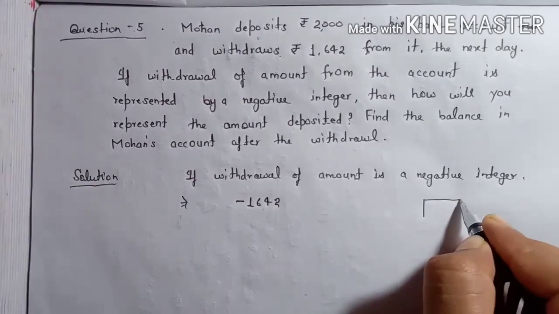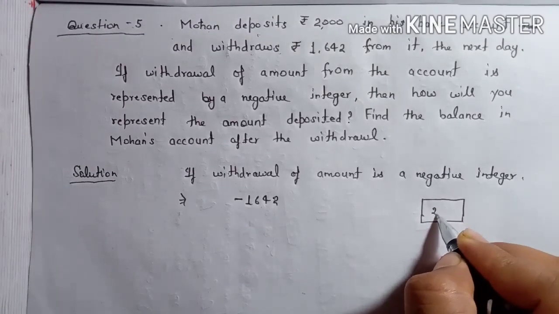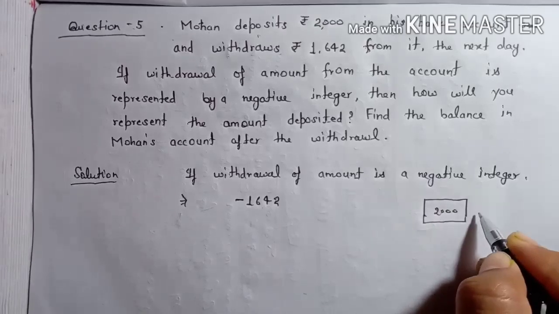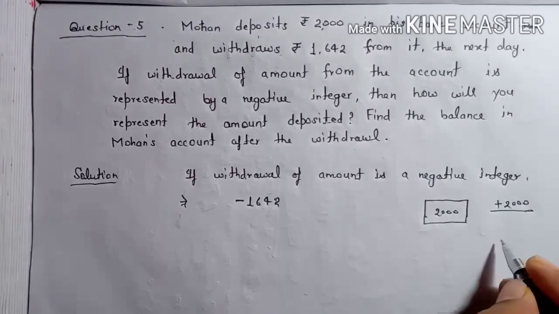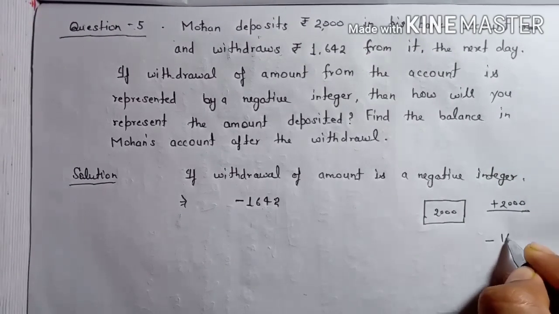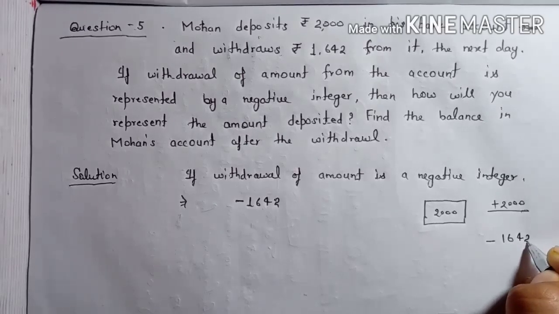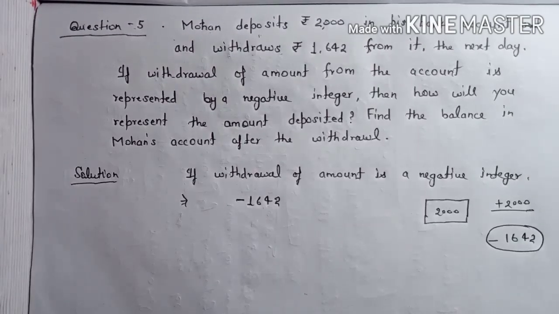If this is your account, when you add 2000 rupees in this account, it means you add 2000 rupees. When you withdraw amount 1642, it means you take this money out.